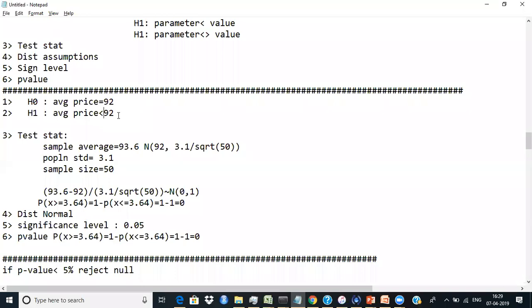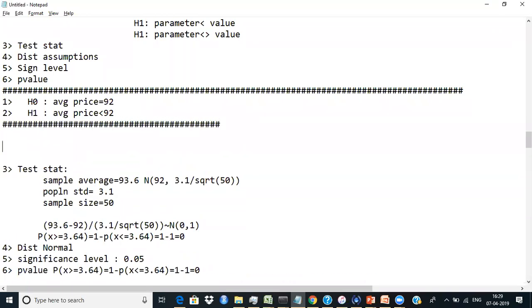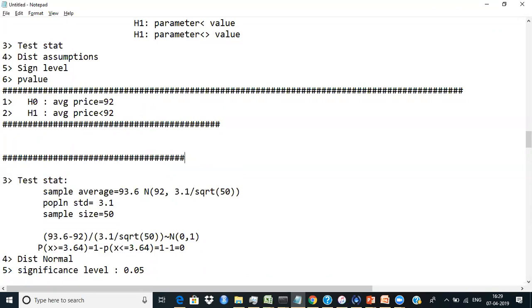There is a technical jargon that is used here. Whenever you get a result of any hypothesis testing, you will never say that the null is true or false.